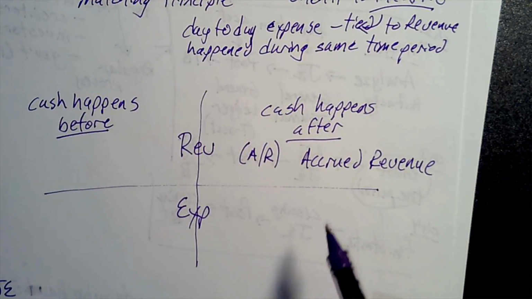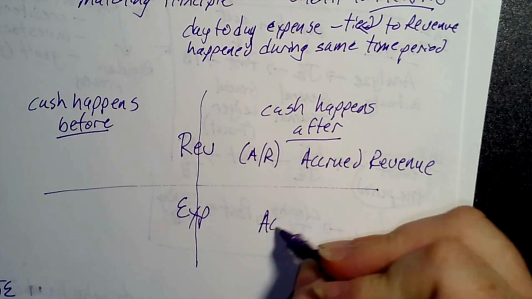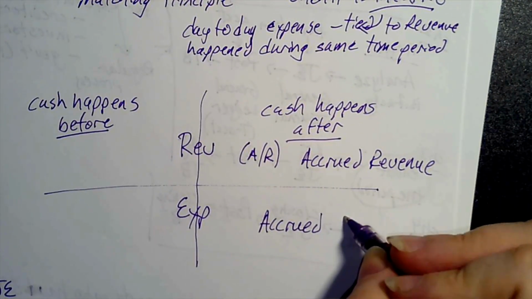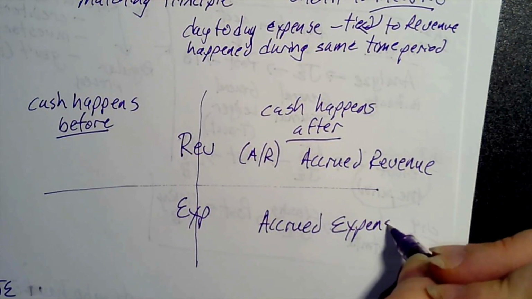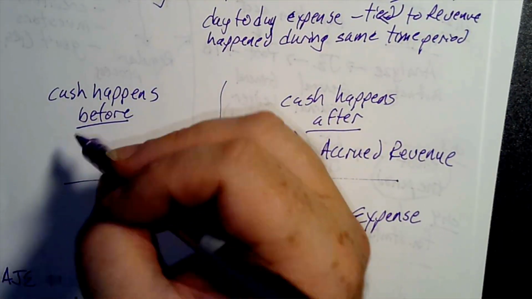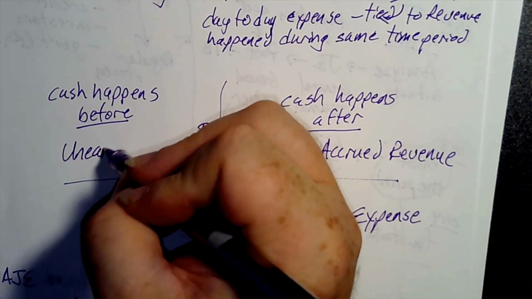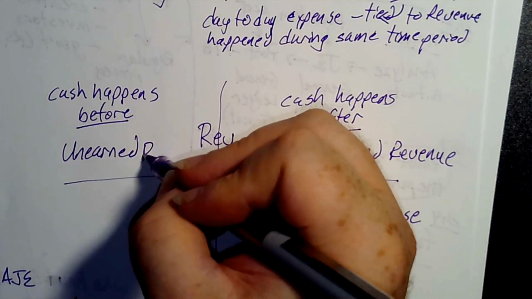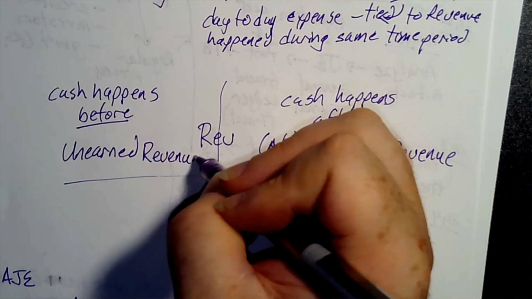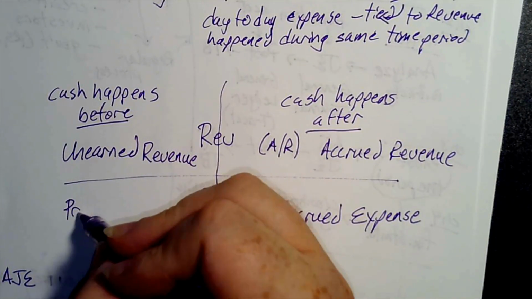And we're going to get into examples for all of these in the next video. So let's just go ahead and name these. This side will be an accrued expense. This side will be called an unearned revenue. And this will be called a prepaid expense.